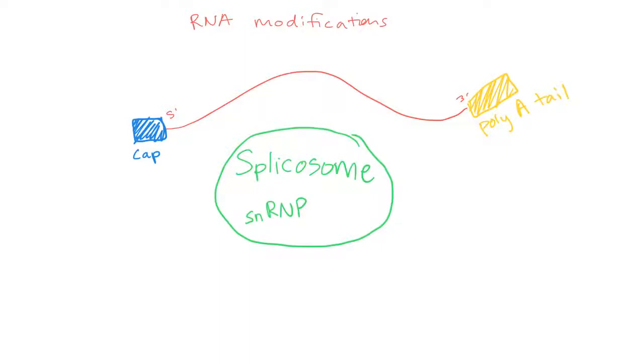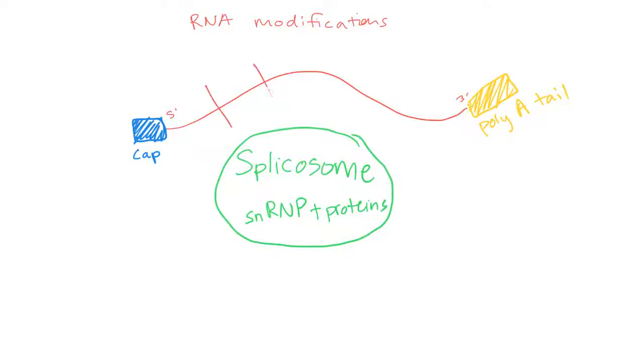That plus other proteins make up this spliceosome, and what it does is it cuts up the messenger RNA, discards some of it, and uses other pieces.